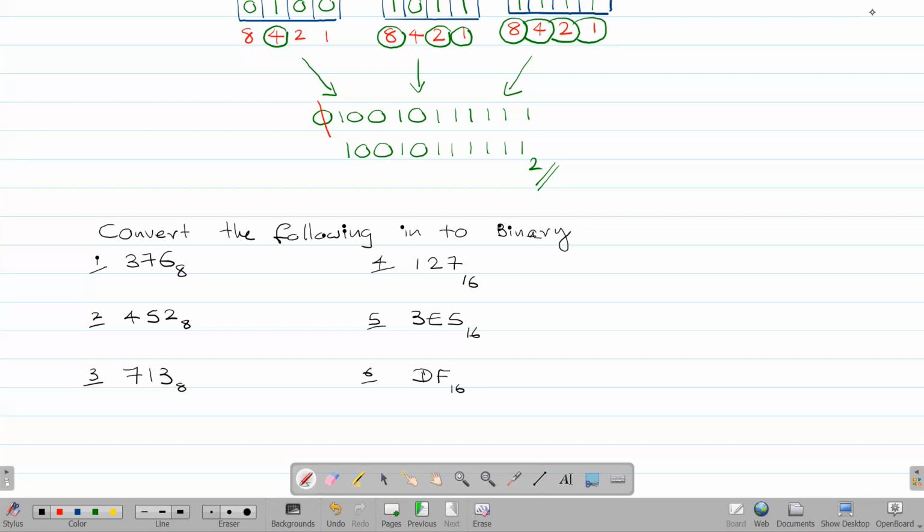Second one is correct. Third one, yes, third one is correct. Fourth one is correct. Fifth one is correct, as well as the sixth. Very good.